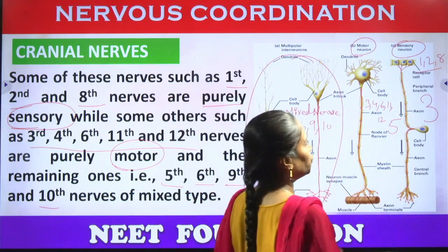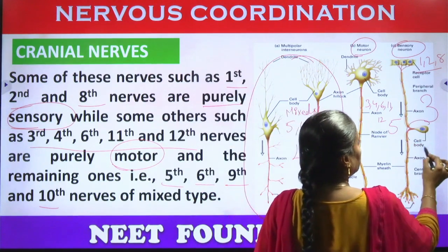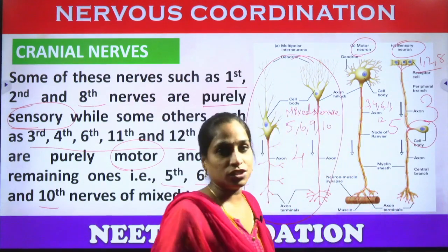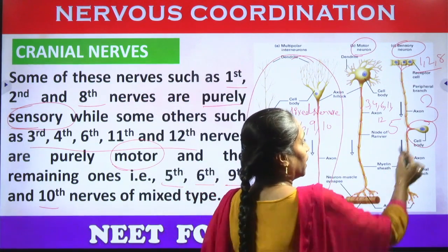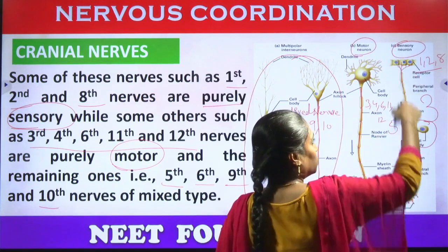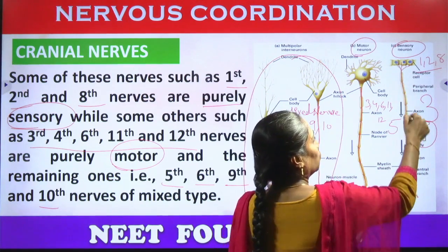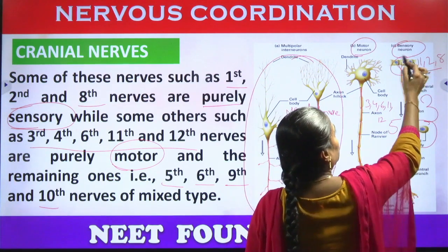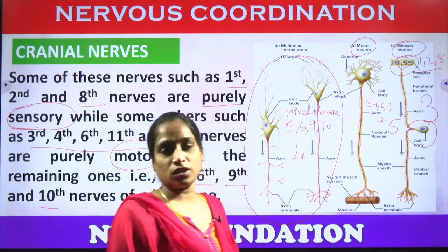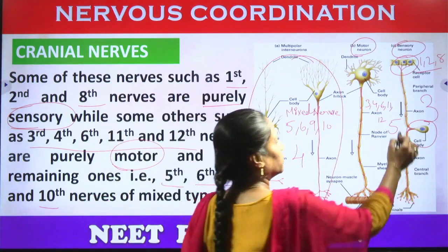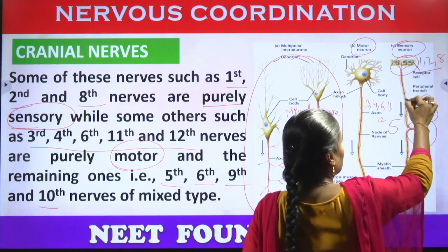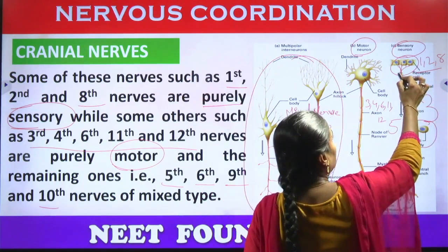In the sensory neuron, the cell body will be in the middle region, and on either side of it, one side is related to the receptors, the receiving neuron. Here we can observe the axon which is covered with the myelinated sheath.